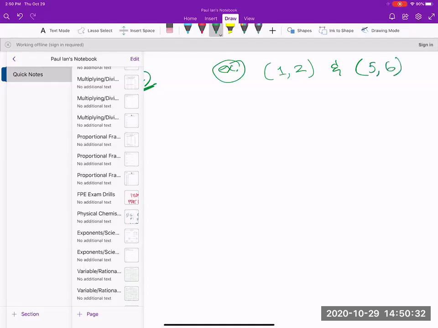There you go, make it easy. Given this, what you want to find is y equals mx plus b, and graph. The very first thing you would do here is find m.